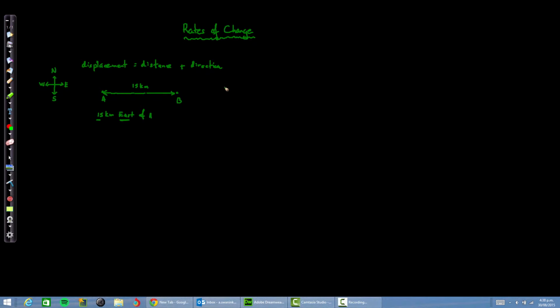And that is also true for these other two terms of velocity and acceleration, where velocity is similar to speed, but it's the speed that something is traveling in a certain direction.